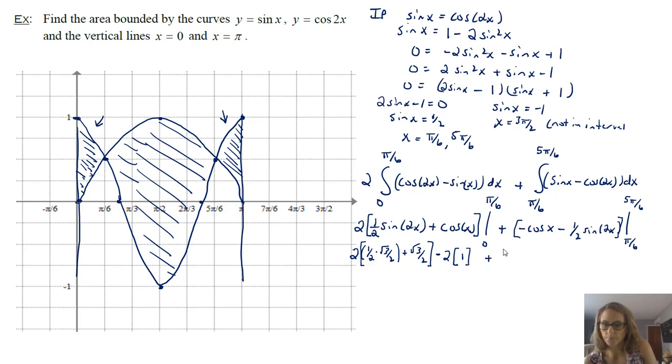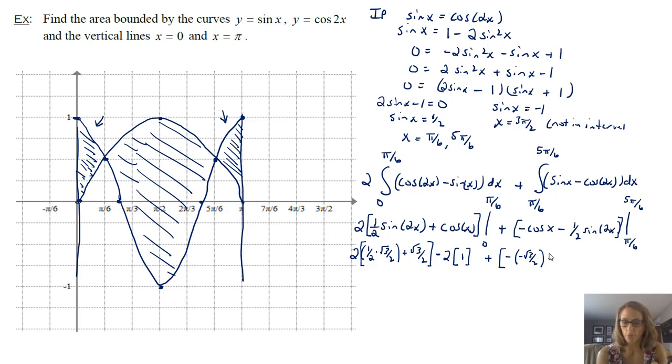And then over here, you're going to have a negative and then cosine of 5 pi over 6. Cosine of 5 pi over 6 is going to be a negative root 3 over 2. And then we're going to have, let's see, what happens when we put in sine of 5 pi over 6 multiplied by 2, so sine of 10 pi over 6, which is sine of 5 pi over 3.